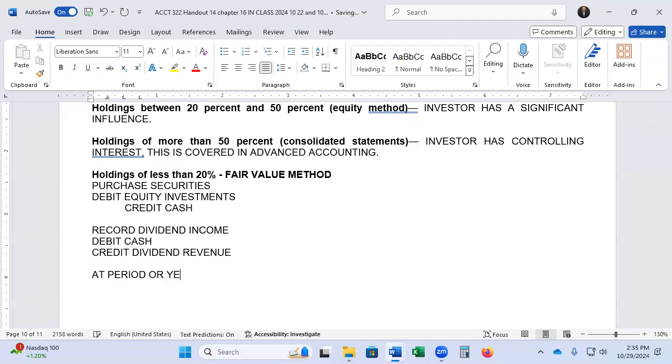At period or year end, record an adjustment to fair value.